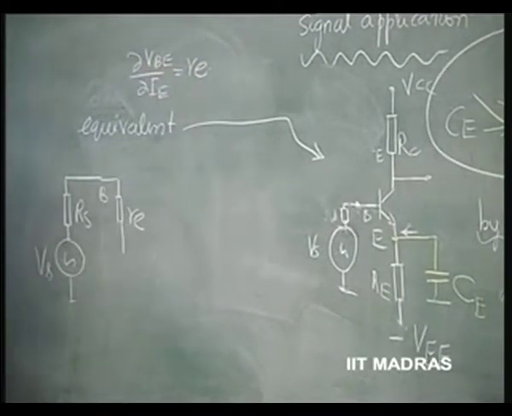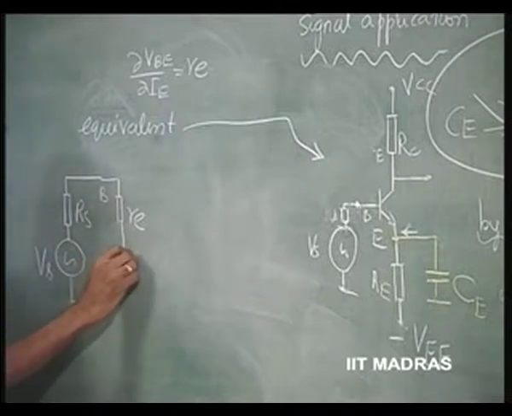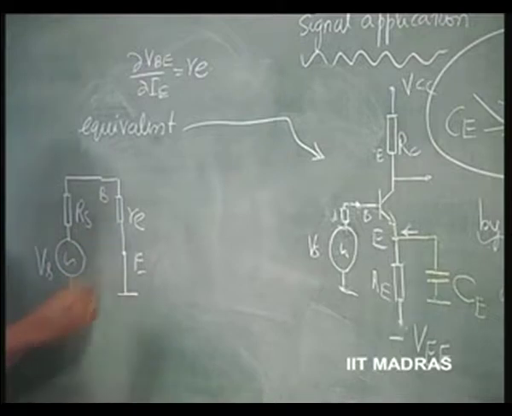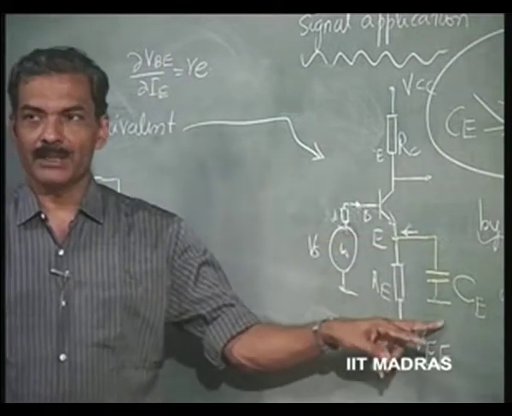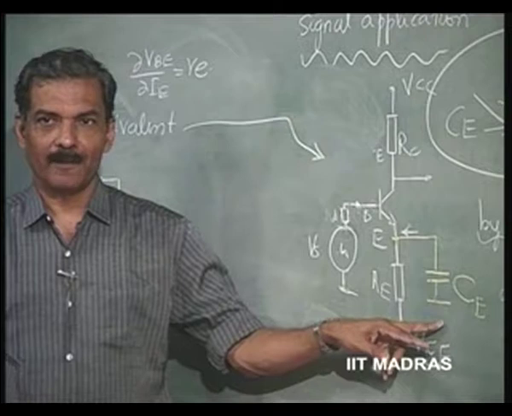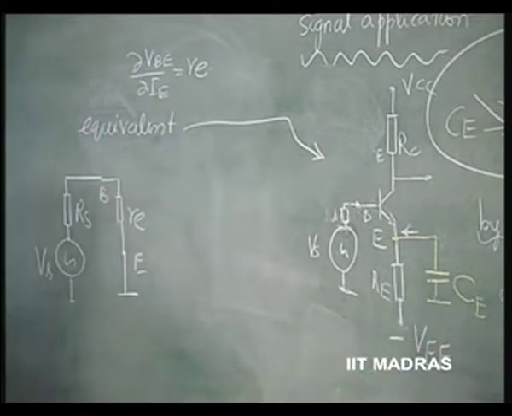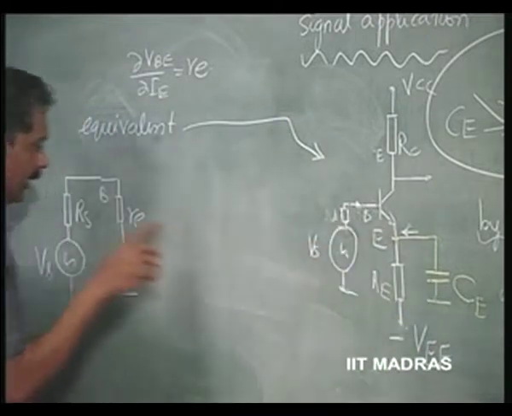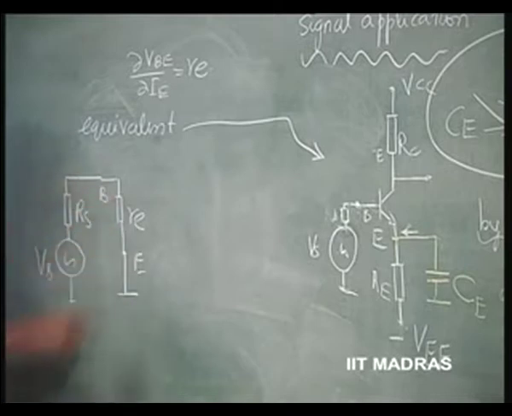This is the equivalent resistance between the base and emitter, and the emitter is now grounded through the bypass capacitor. So, the entire signal picture on this side of the loop is just going to look like this.